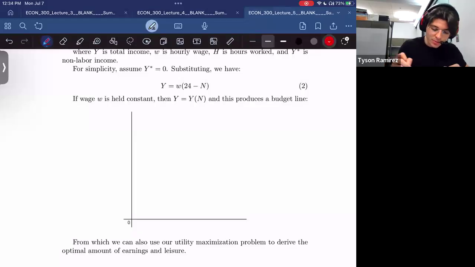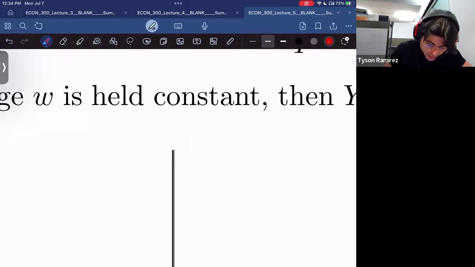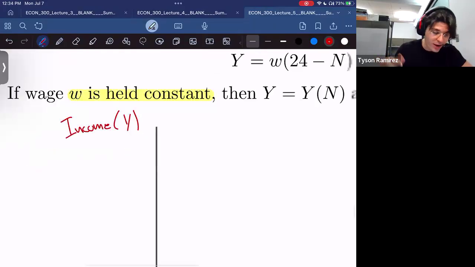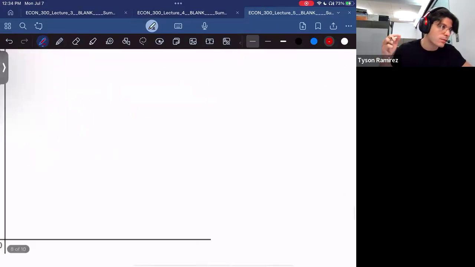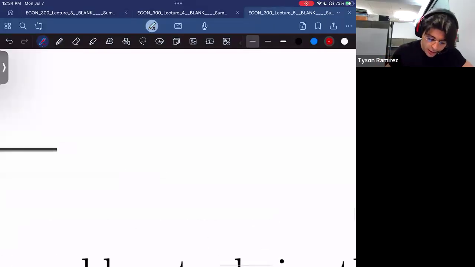I don't need to mark any numbers on the axes. Remember, when W is held constant, then let's put income Y on the Y-axis. And then we can put leisure hours on the X-axis.